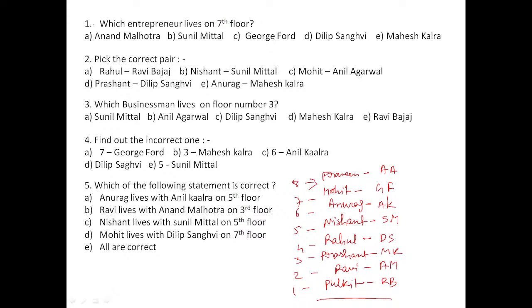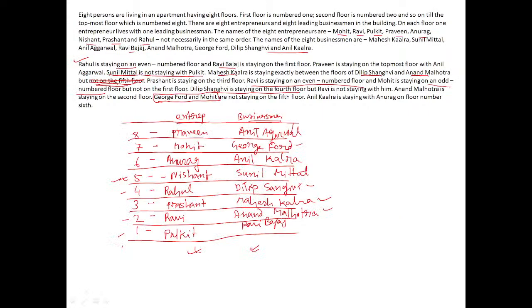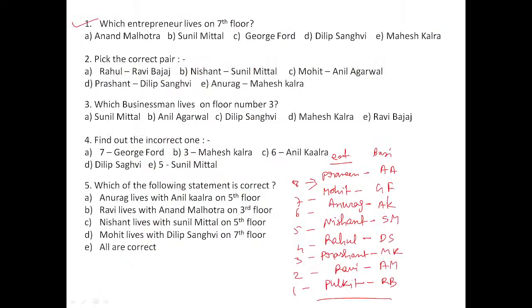Now moving to the questions here. Here is the first question, question number 1. Which entrepreneur lives on the 7th floor? So these initials are the businessmen, and these are the entrepreneurs. So on the 7th, which entrepreneur? Yes, so there is a mistake in the question.